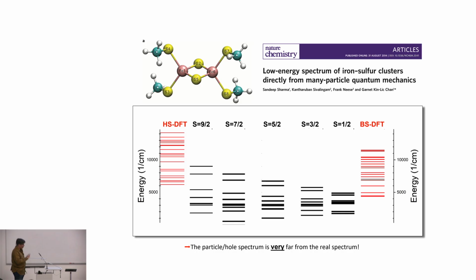Now you can compare that spectrum of many-particle states to, say, the one-particle spectrum that DFT delivers for the high-spin state or for the broken symmetry state. And you see there are no commonalities. It has nothing to do with each other, right? So there is nothing observable that you can confidently derive from looking at the one-particle spectrum, yeah?